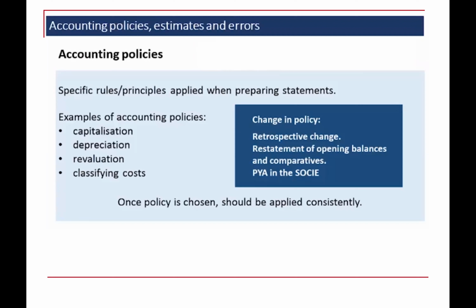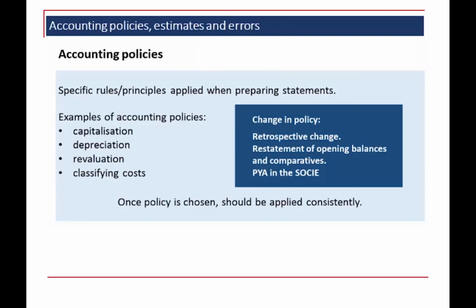Now, if in the current year you've decided that you want to depreciate assets, but in the previous year you had not depreciated assets, let's say you did not buy any new assets or sell any assets in the current year, your asset value was 100,000 in the previous year, then this year you decided to depreciate assets and your depreciation charge is 10,000. It means your assets are now 90,000 this year and 100,000 last year, but they are the same assets, right?